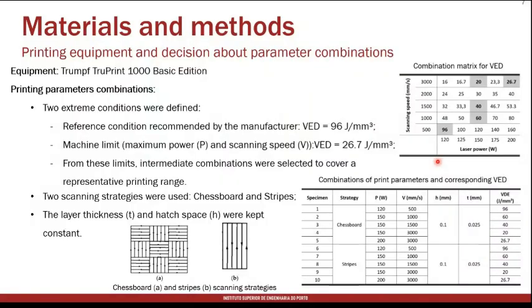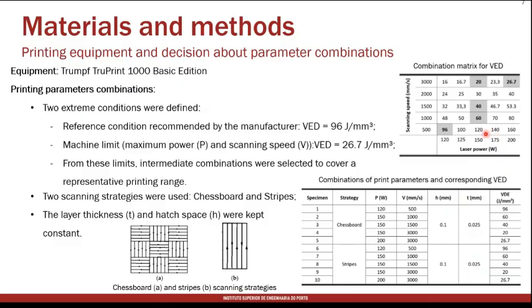One of these is the reference properties provided by the manufacturer, which leads to a VED of 96 joule per cubic millimeter, and the machine limit of the power in terms of speed and power, which leads us to a smaller VED, which is about 27 joule per cubic millimeter. And between these conditions, which are the ones in this table, we are also going to consider intermediate combinations to cover a higher range of parameters.